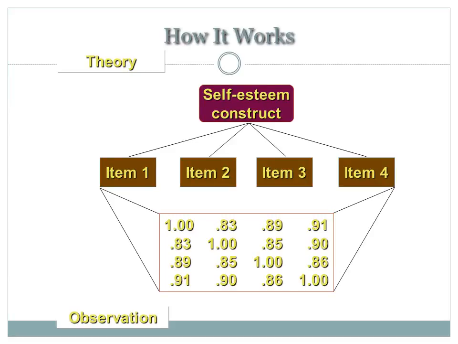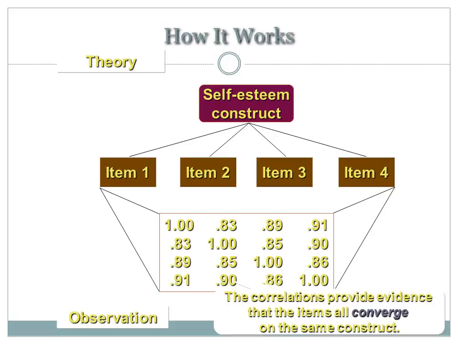The second row, correlation of item number 1 with item number 2, 0.83, item number 2 with itself, item number 3 with item number 2, which is 0.85, and item number 4 with item number 2, which is 0.90. So notice that all the correlations, the 0.83, 0.89, 0.91, 0.85, and 0.90, are very high, providing evidence that the items are all converging on the same construct. Then this would suggest that we have convergent validity.